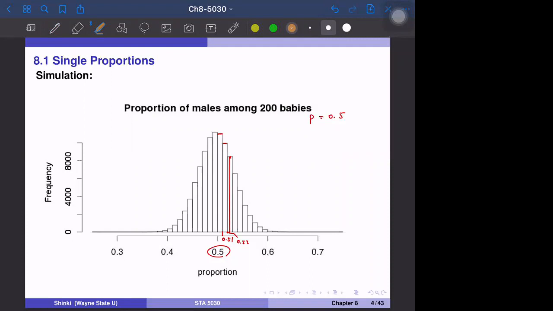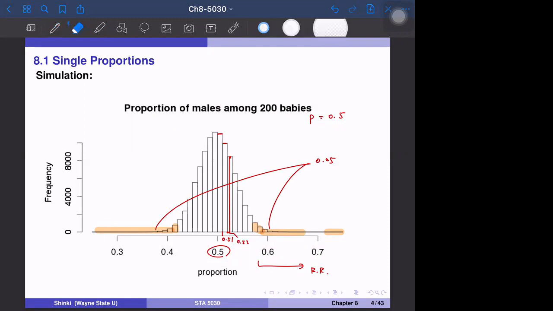To be exact, if we have a significance level, then we define some threshold. If the observations are unusual, then we reject the null hypothesis. So typically we take an area of 0.05 and reject the null hypothesis if p hat is above this line, maybe 0.57 or something, or if p hat is too small, maybe 0.42 or less, maybe 0.43 or less.